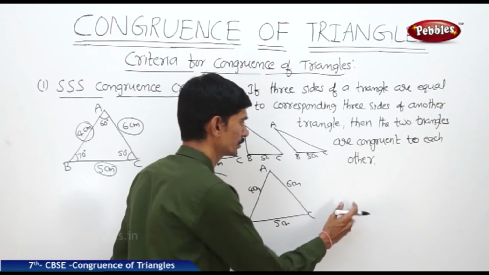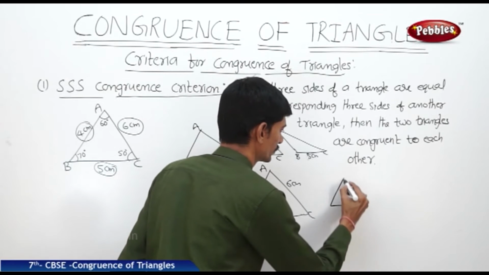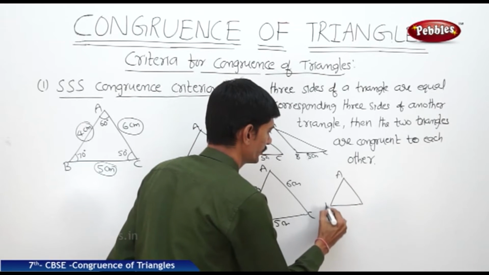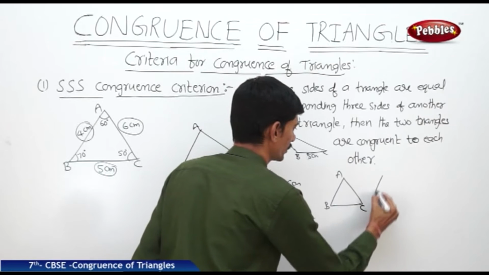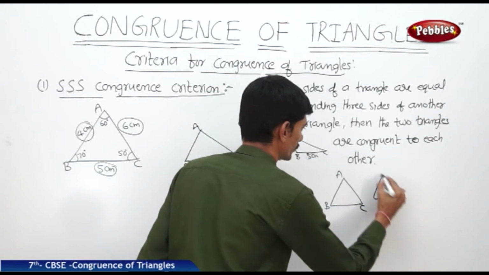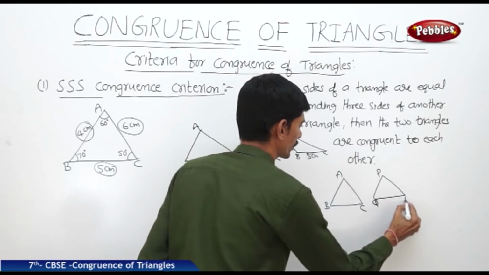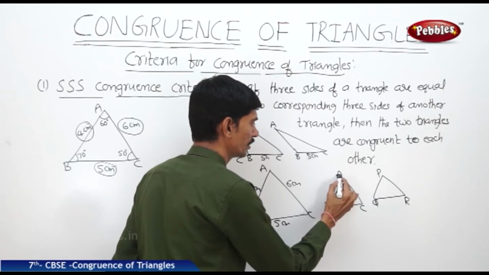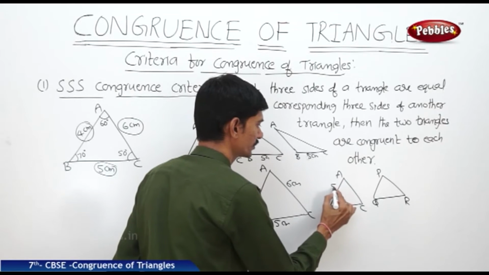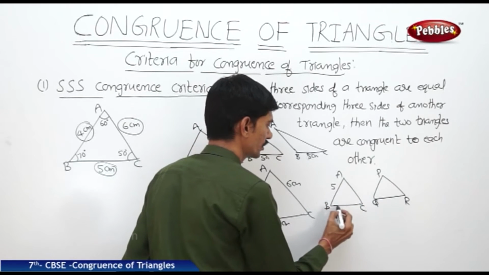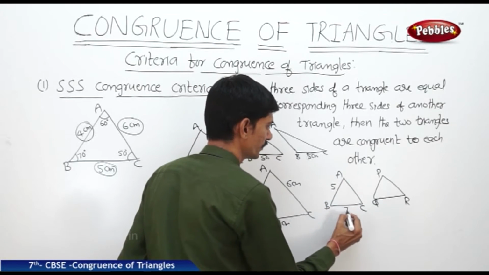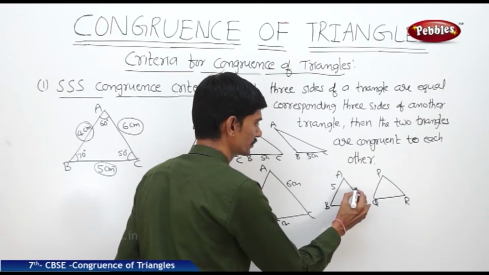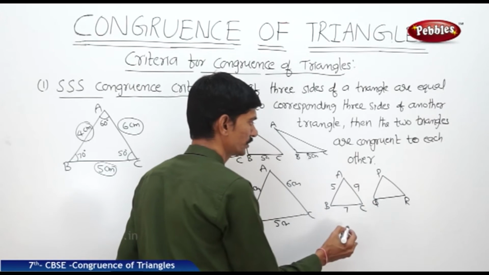Now if you take any two triangles, triangle ABC and triangle PQR, here the length of AB is 5 centimeters, the length of BC is 7 centimeters, and the length of AC is 9 centimeters.